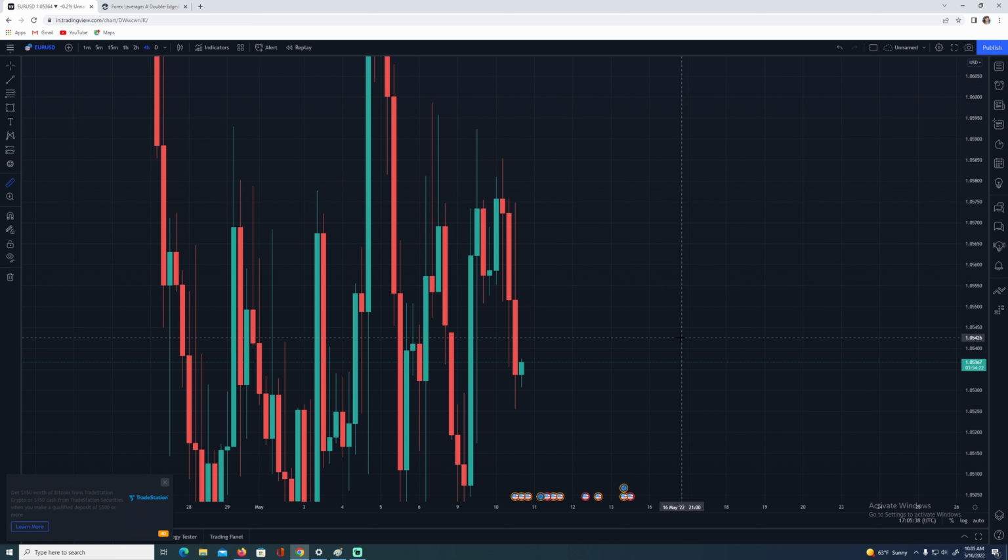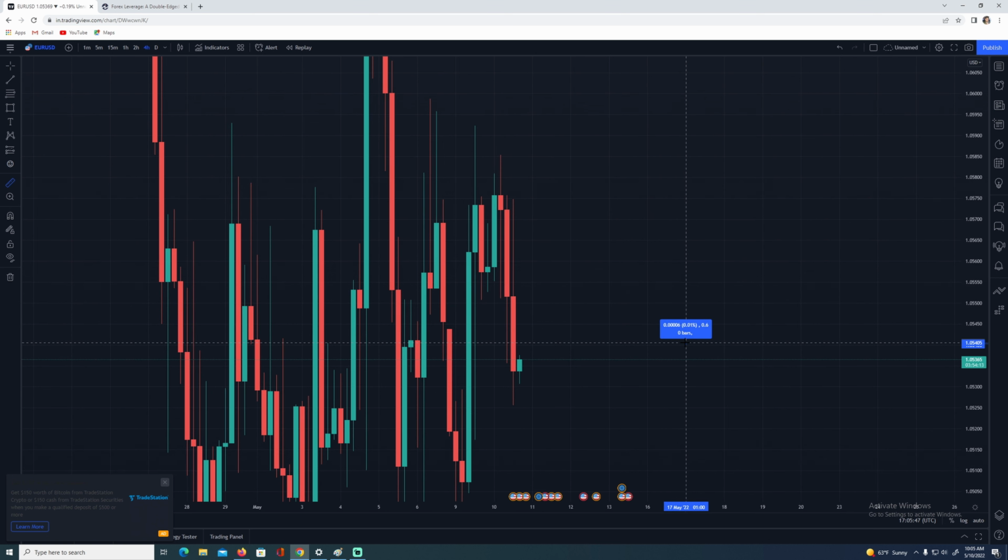If we put it exactly at 1.05400, click and drag up to 450, it tells me right here that that's 5 pips.